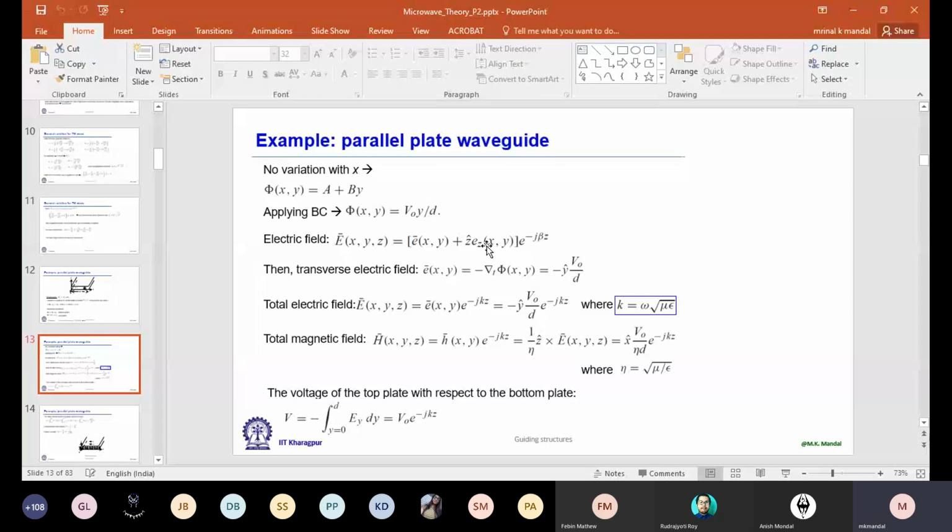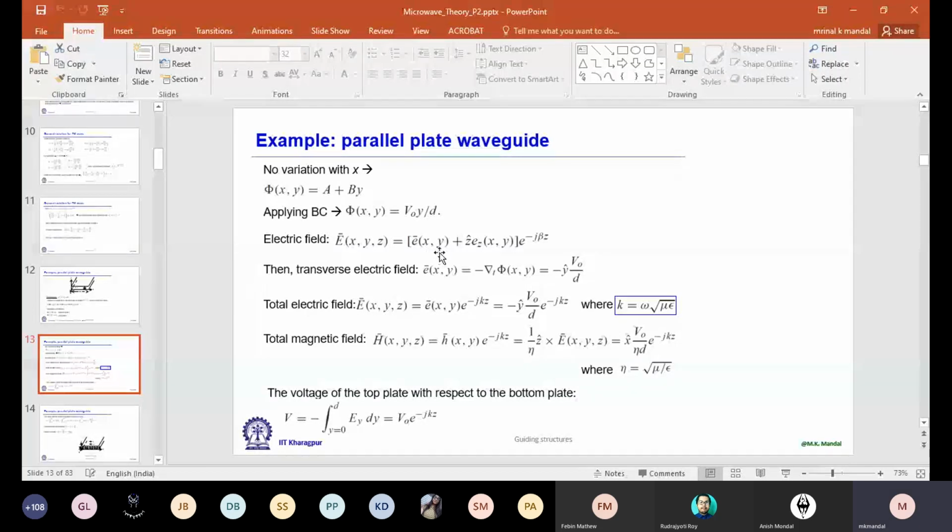Then how to calculate electric field from electric potential? It is minus grad phi. So electric field, according to D'Ambrosio's notation, if you recall, has the transverse component plus the z-directed component. I am using its original definition. Then the z-directed component is 0 here by definition because it is a TEM wave.